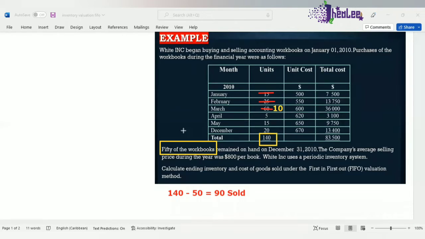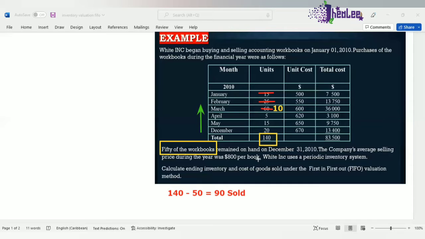All right. So basically, when you're using the first in, first out method to value your ending inventory, you start counting from the items that came in last. So you'll be counting from the bottom going to the top. So we're going to start with the 20 units at $670 each. Then we'll go to the 15, to the 5, and then to the 10, and that will give us our total of 50 units that we have on hand.